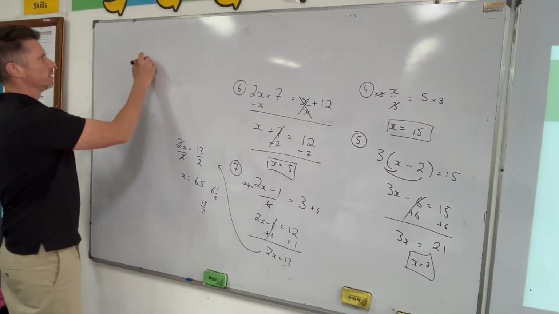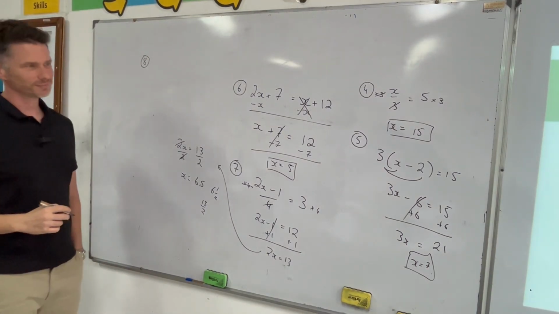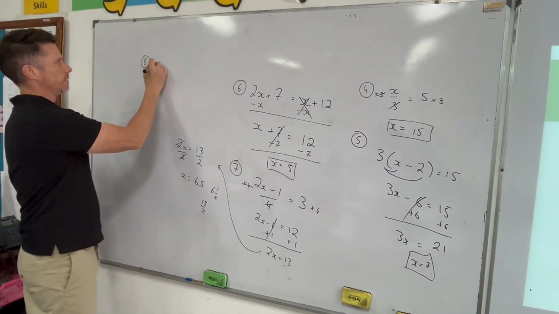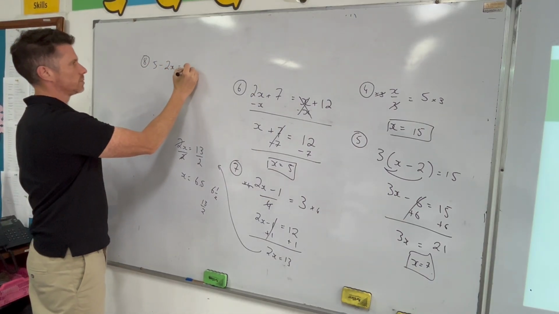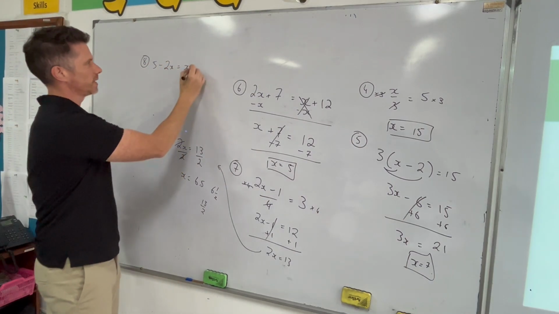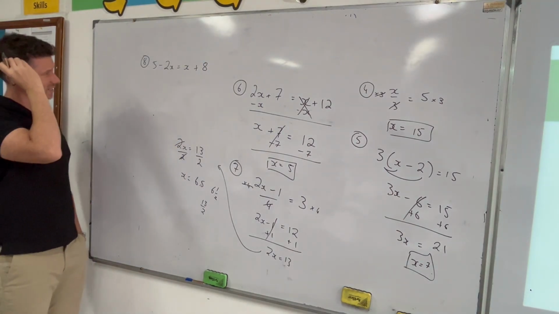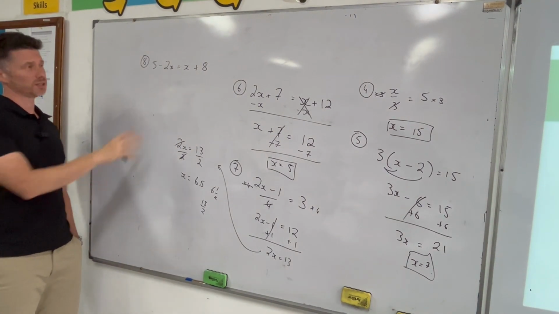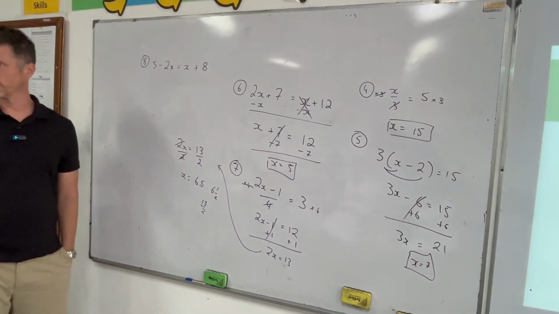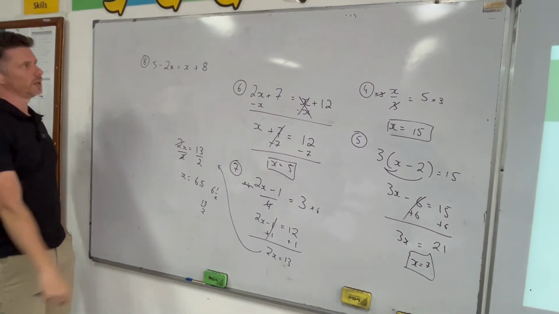And the last one then, the one that no one got right: 5 minus 2x is equal to x plus 8. Issue here, the smaller of the x's is actually this one, because that's negative 2. Negative 2 is smaller than 1.